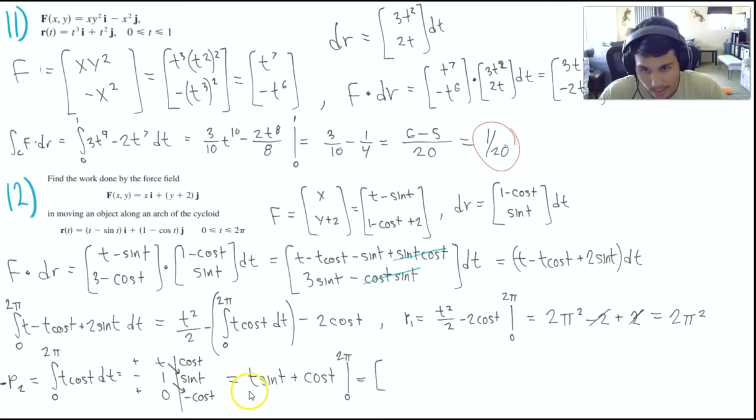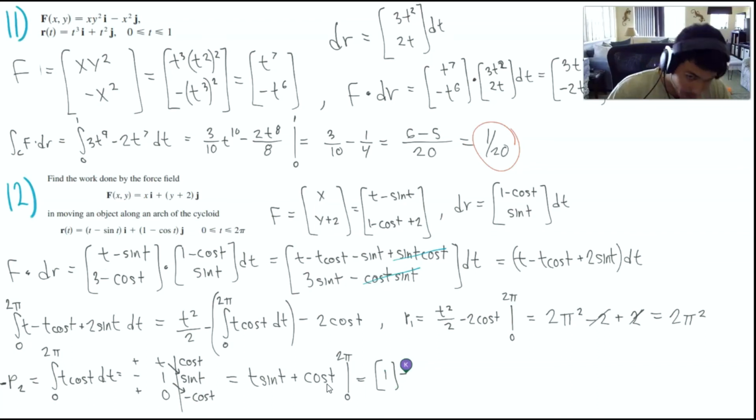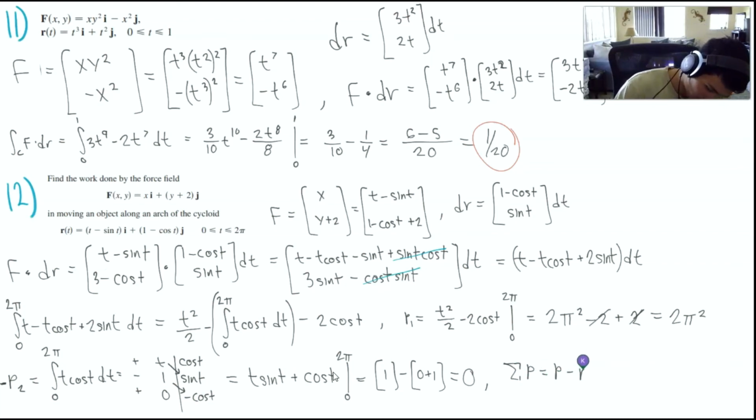So you have 2 pi times 0 plus cosine 2 pi, which is just 1, minus sine of 0 is just 0, cosine of 0 is just 1. Look at that, that's 0. Your answer is the sum of both parts, which is part 1 minus part 2, which is equal to 2 pi squared.